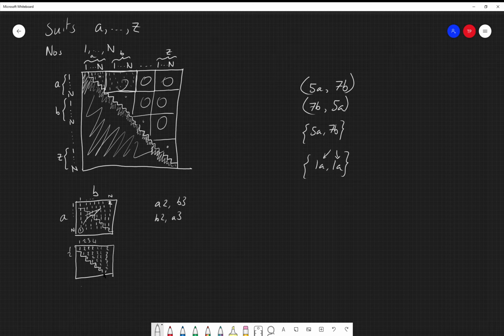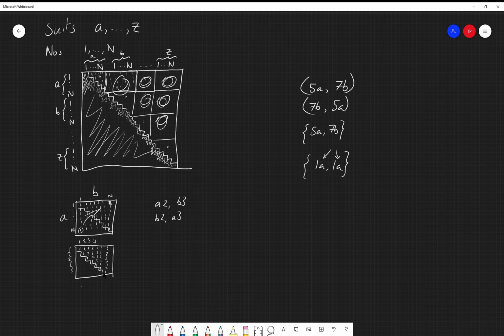And that means that we're now not really worrying about which particular suit they came from. And so we want to now add up all of these on top of each other, because as we said, we don't care about the suit, so we can just add these on top.